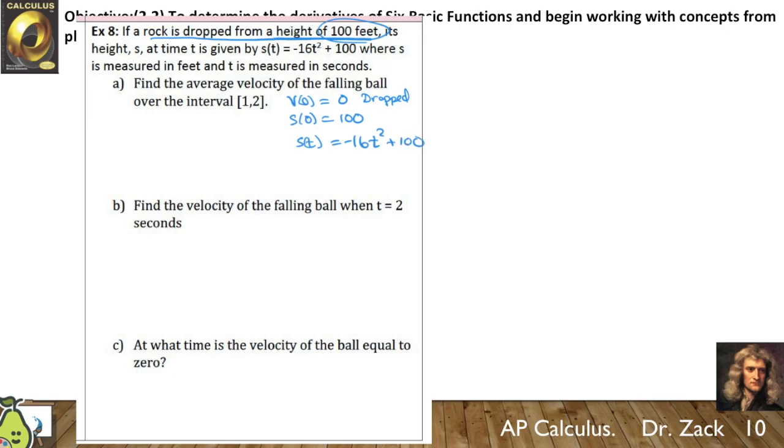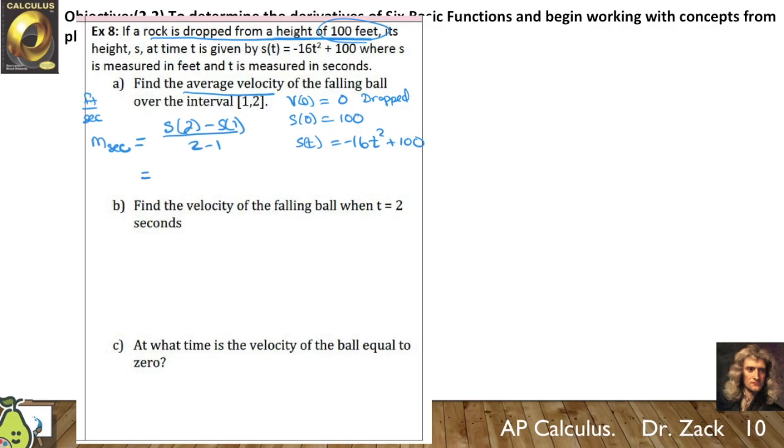So in this problem, you did not have to write your equation. Question A is find the average velocity. Now, average velocity is going to be measured in feet per second. So this is a slope of a secant line for average velocity. So that will be s at 2 minus s at 1 over 2 minus 1.